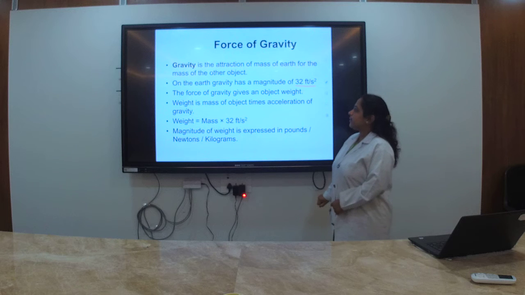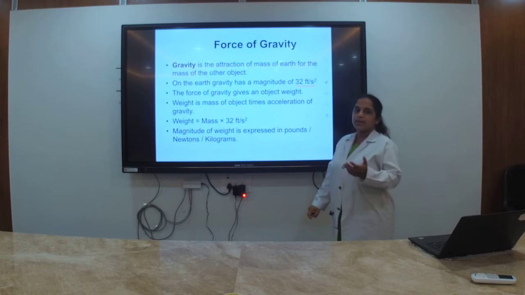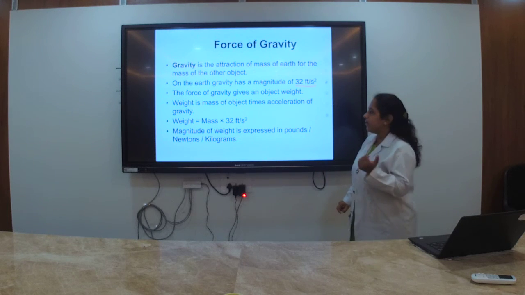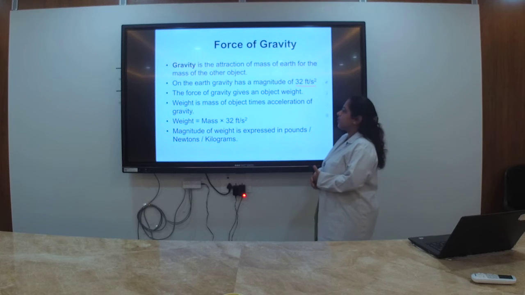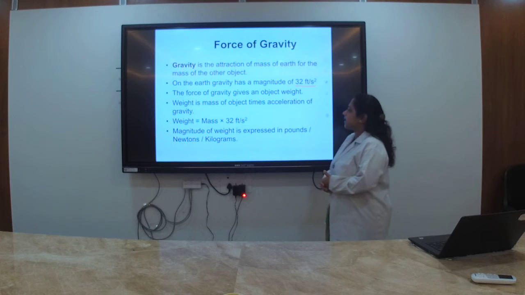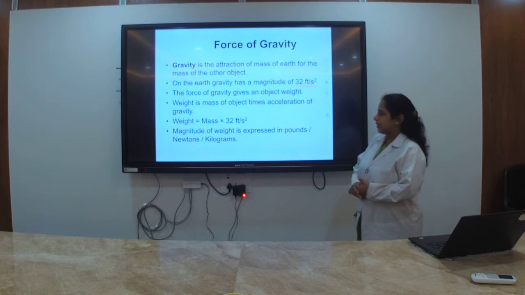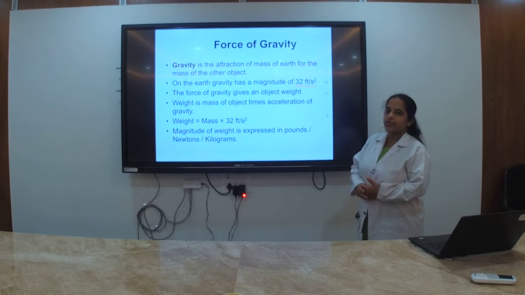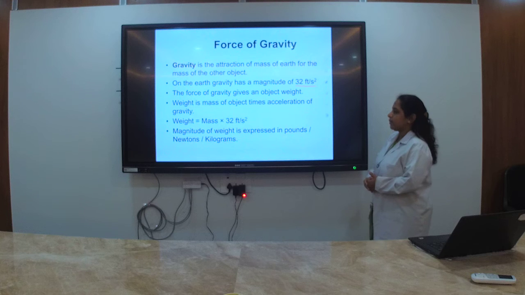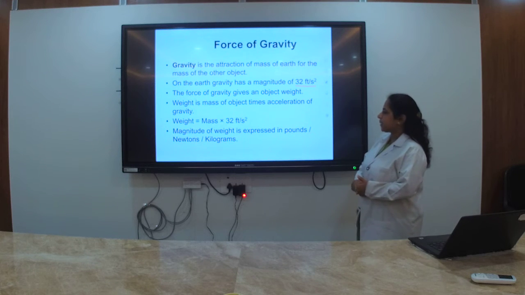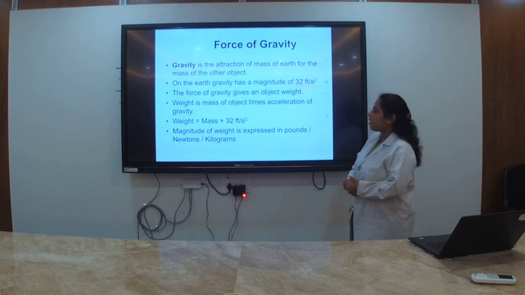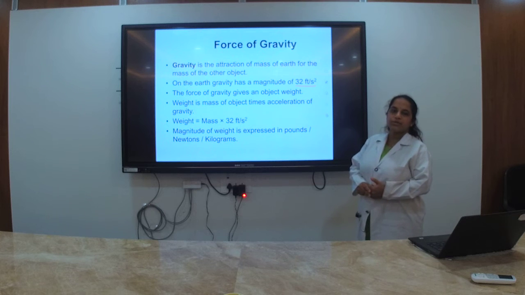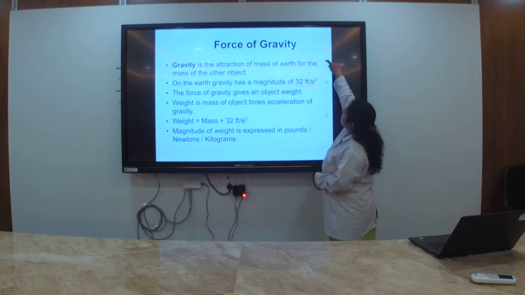The force of gravity gives the object its weight. The weight is the mass of an object times the acceleration of gravity. So the weight is equal to mass into 32 feet per second square, and it is expressed in pounds, newtons or kilograms.